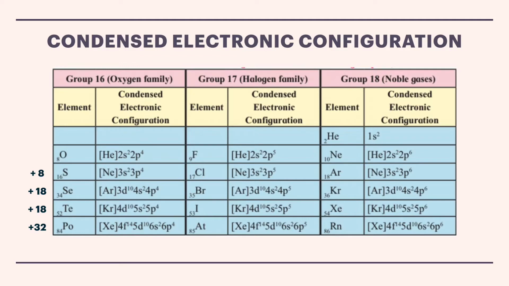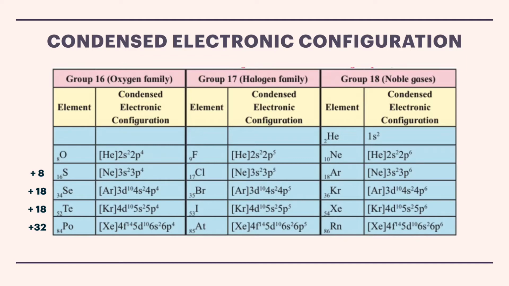For selenium, it is argon 3d10 4s2 4p4. Now please understand, for the first two elements of all the groups there is no need of writing the d orbital, but after those two elements, you have to introduce the d orbital.